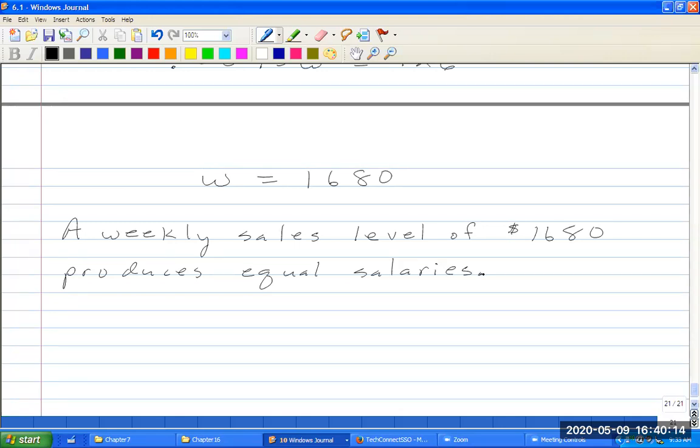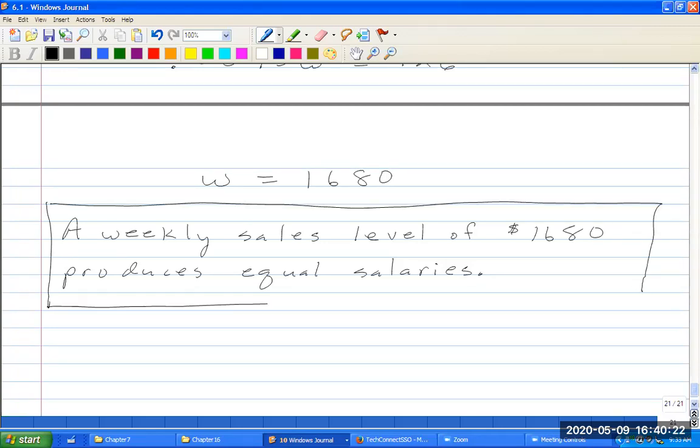Okay, so you get the same amount using either option if you happen to sell $1,680 worth of material per week.